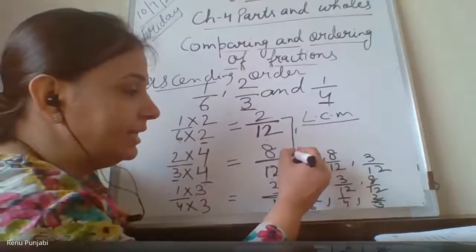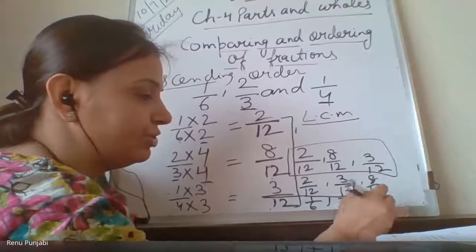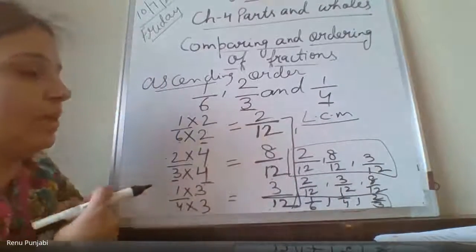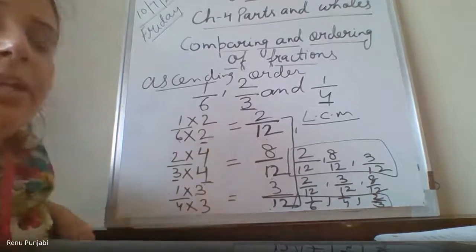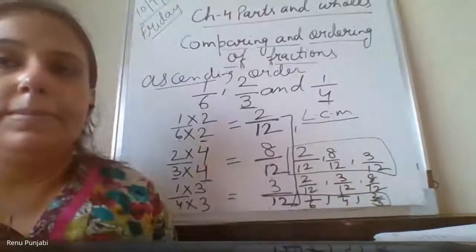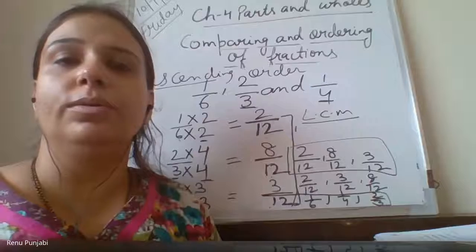After comparing these fractions, you need to arrange the actual fractions, which were your question: 1 upon 6, 1 upon 4, and then 2 upon 3. Clear, children, till here? Please tell me yes or no.